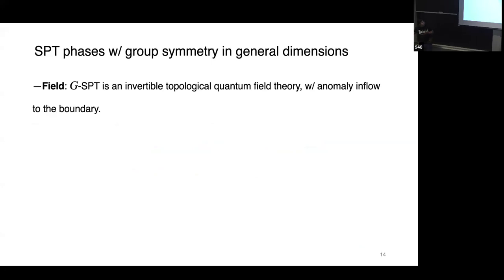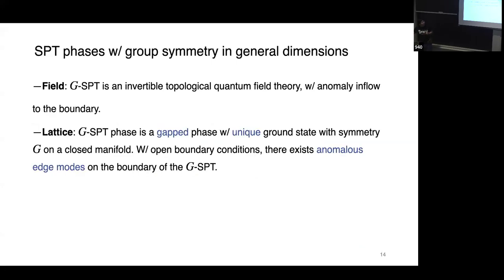For SPTs with group symmetries in general dimensions, there are several perspectives. In field theory, a G-SPT is an invertible topological quantum field theory with some anomaly inflow to the boundaries. On the lattice, a G-SPT phase is a gapped phase with a unique ground state with symmetry G on the closed manifold. With open boundary conditions, there exist anomalous edge modes on the boundaries.